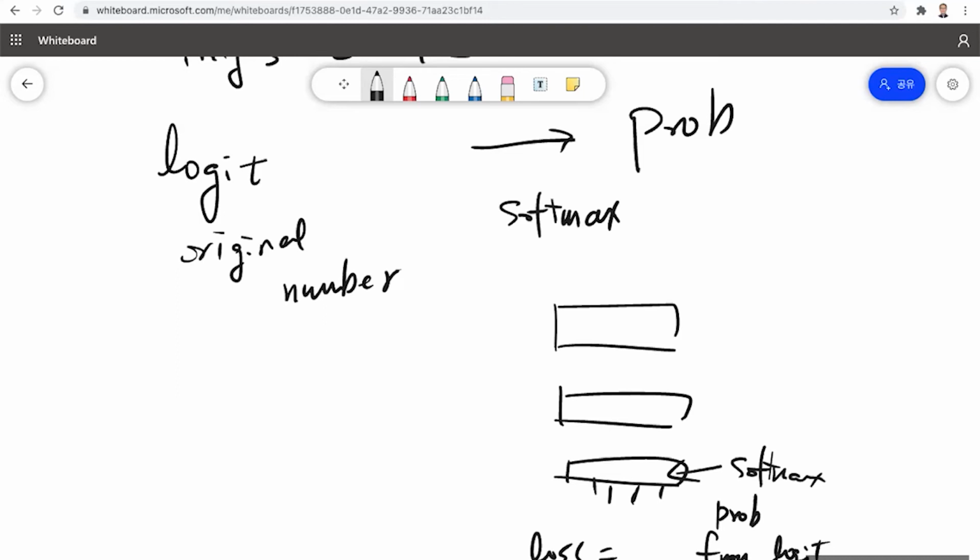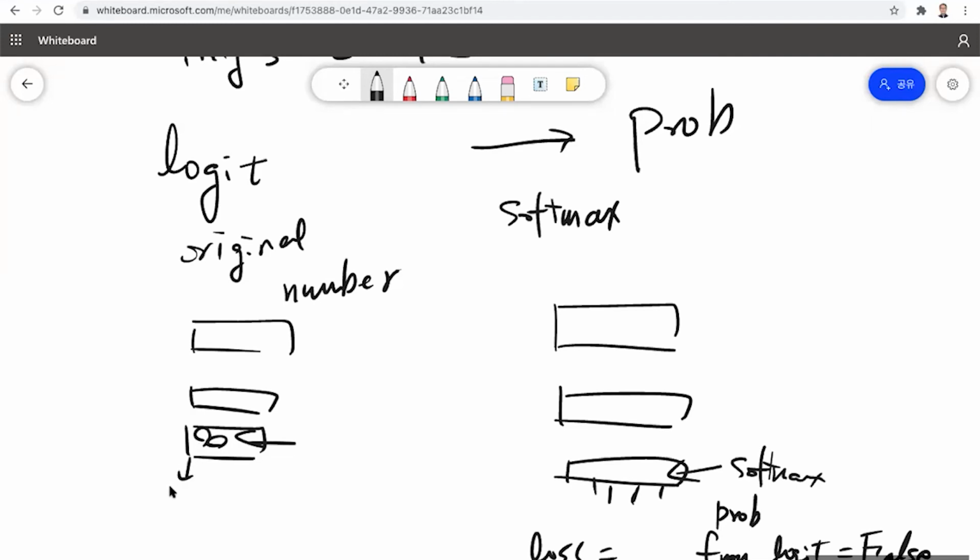And you may think, is it from logit? No, it's not from logit because I already changed it to probability. So from logit is false. But if I did not use the softmax function at the end, then it produces the original numbers.